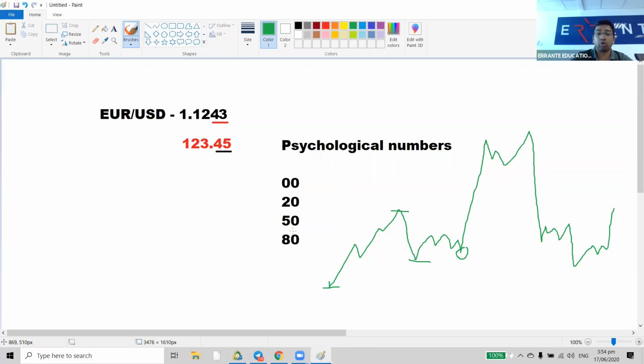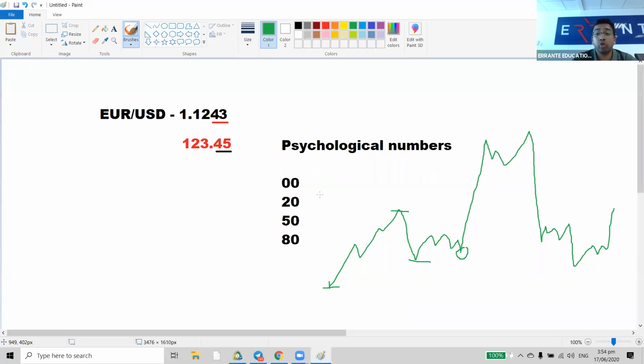The reason is that whatever is going up may reverse very close to one of the psychological numbers, or vice versa. If it's going down, it might reverse at one of these psychological numbers as well. So if you are buying, don't enter the market when it is too close to the psychological numbers. Within 10 pips or so, it is still better not to trade when it is too close to the psychological numbers.